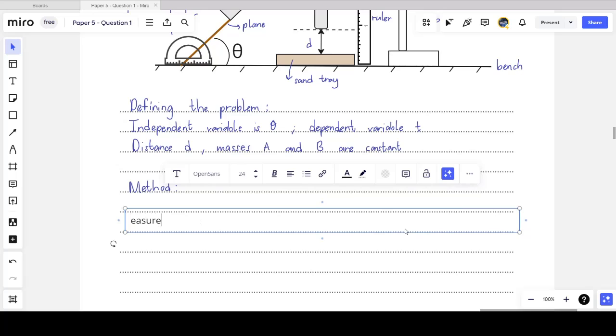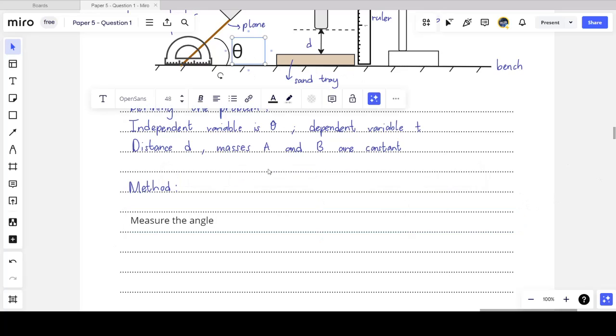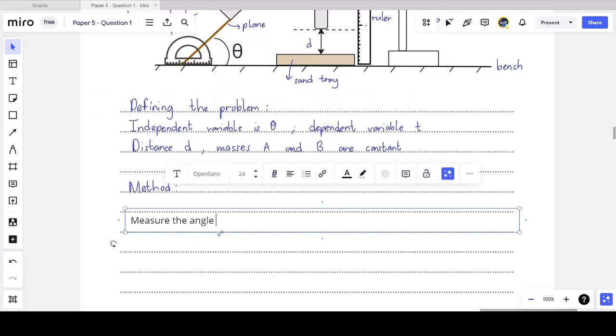So the first thing I'm going to do, and a lot of the things that you've drawn in the diagram are self-explanatory, and so you could even brush over them very quickly in the method. But I'm going to measure the angle theta with a large protractor.